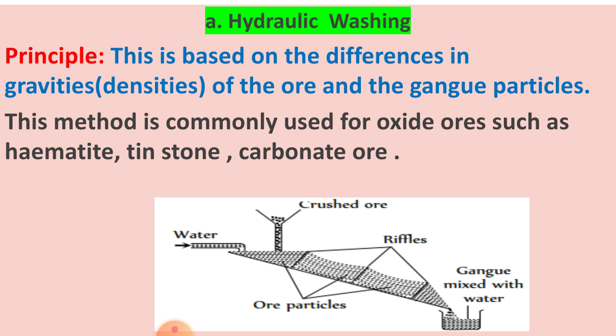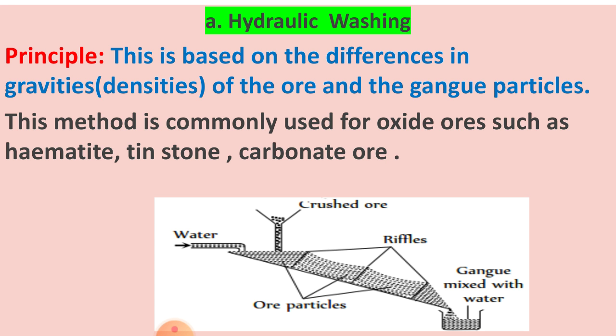This gravity separation can be done by either a Wilfley table or a hydraulic classifier. This diagram is basically known as the Wilfley table. It is basically a wooden table having a slanting floor on which long wood strips called riffles are fixed.